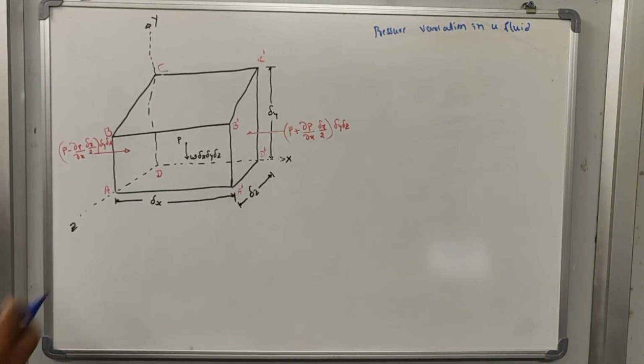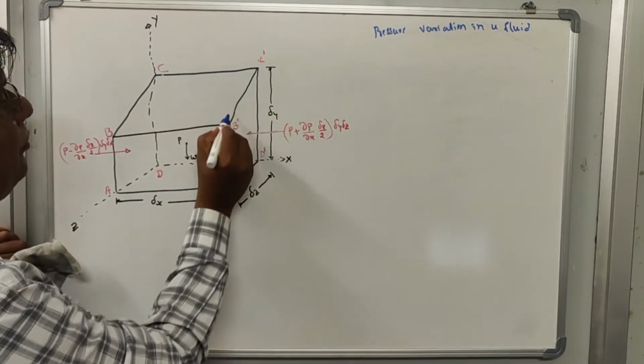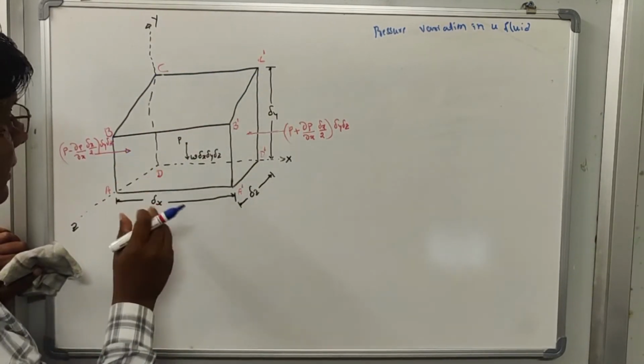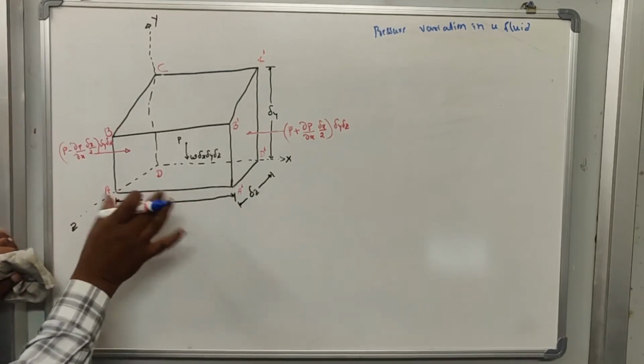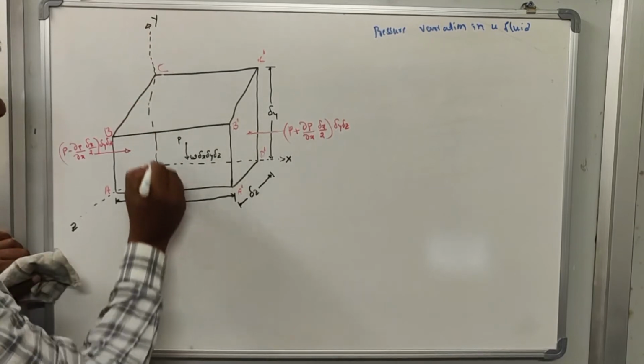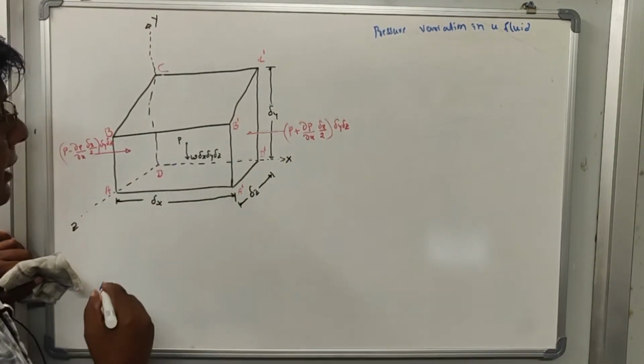Let us consider this is a fluid element having the shape of a parallelopiped, and the lengths in the x, y, z directions. This is the y direction, this is the x direction, this is the z direction.